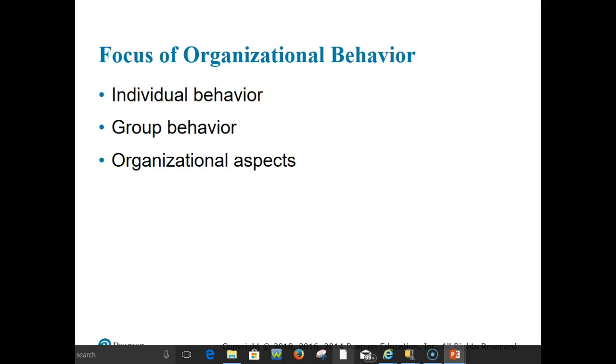Our knowledge about groups comes basically from the work of sociologists and social psychologists. And finally, organizational behavior also looks at organizational aspects including structure, culture, and human resource policies and practices. We have addressed group and organizational aspects in previous chapters, and in this chapter we're going to look at individual behavior.